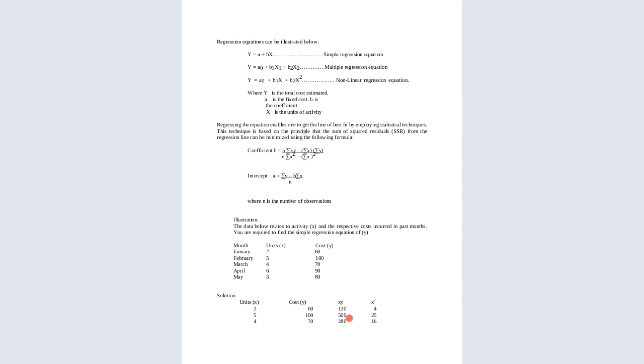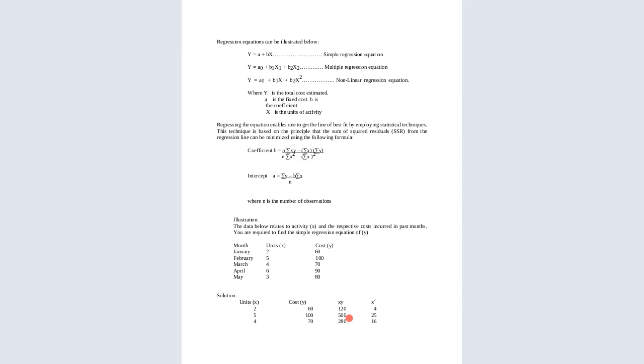Under regression, we need to find the value of total cost and the variable cost per unit. So we need to get the value of fixed cost, which is our A, and variable cost per unit, which is our B. So how do we get B?